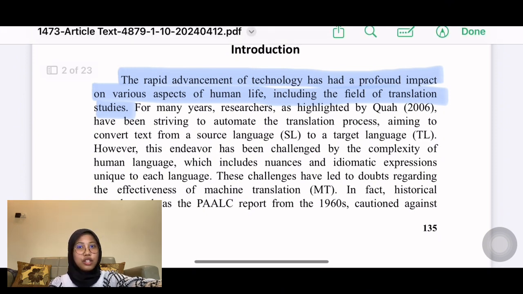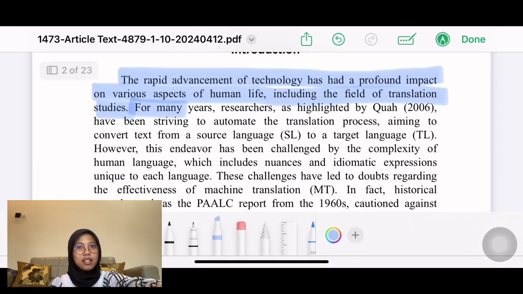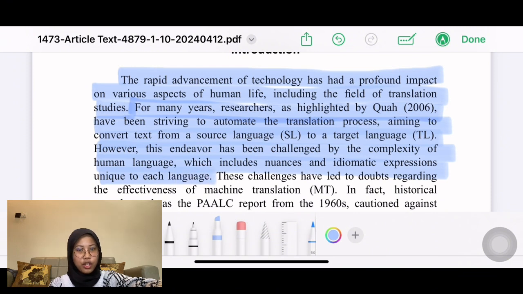And then he continues by saying, "For many years, researchers, as highlighted by Kuak, 2006, have been striving to automate the translation process, aiming to convert text from a source language to a target language. However, this endeavor has been challenged by the complexity of human language, which includes nuances and idiomatic expressions unique to each language."